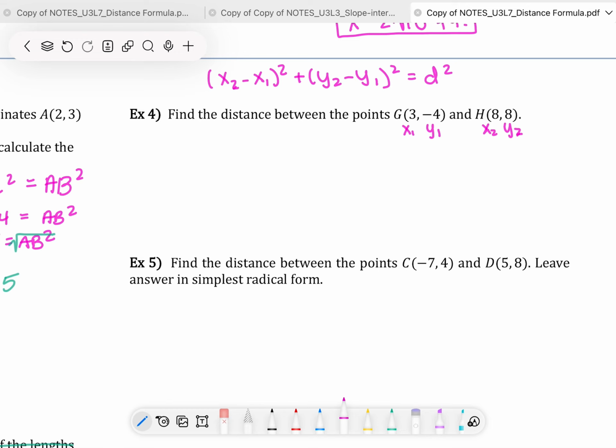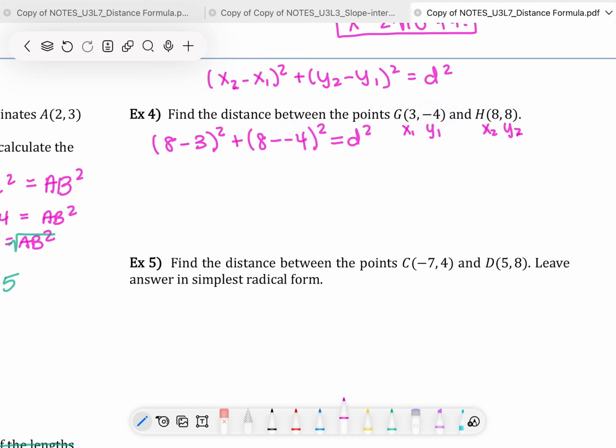So subtract our x's first. We have x2, which is 8, minus x1, which is 3, squared, plus y2, which is 8, minus -4, squared, equals our distance squared. Be careful with your double negatives, of course. Whenever you have a negative number as one of your values, make sure you have that double negative situation happening here.